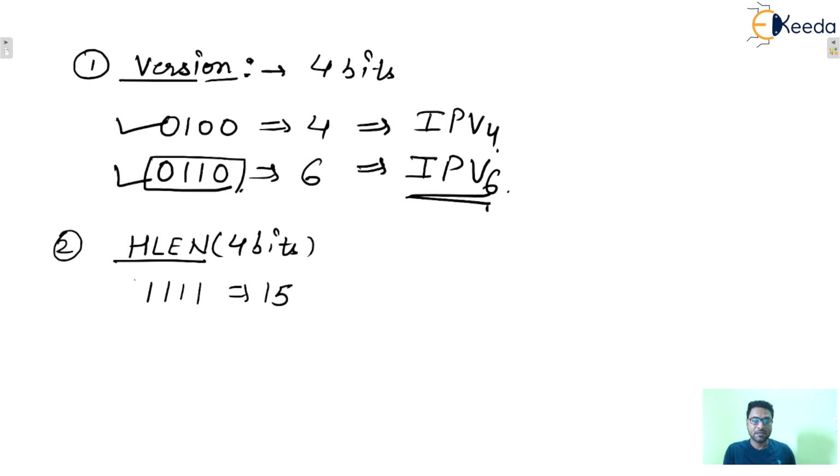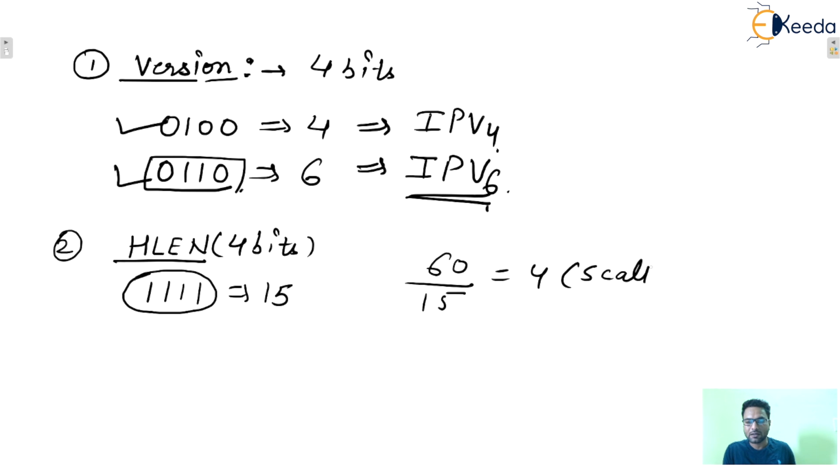So yes, it is not possible to represent 60 with the help of 4 bits. So some scaling factor is required. So the maximum size of header 60 divided by the maximum value using 4 bits, 15, that is 4. So a scaling factor of 4 is used, isn't it?